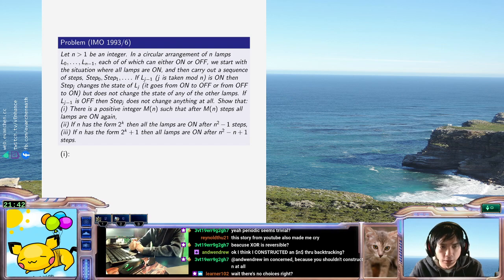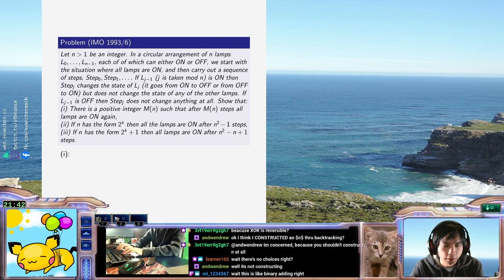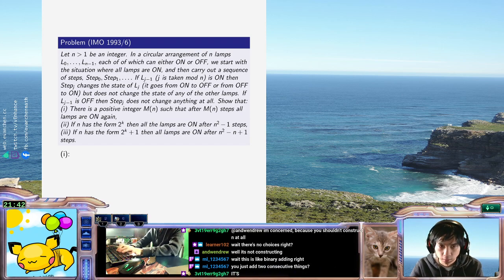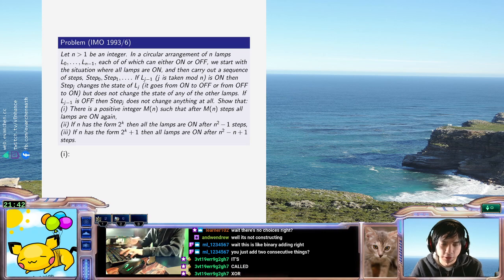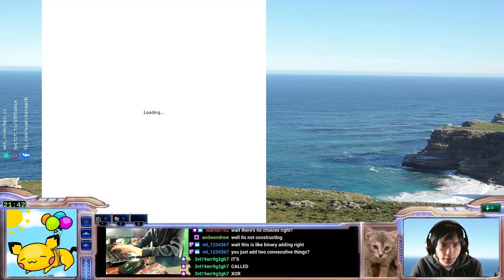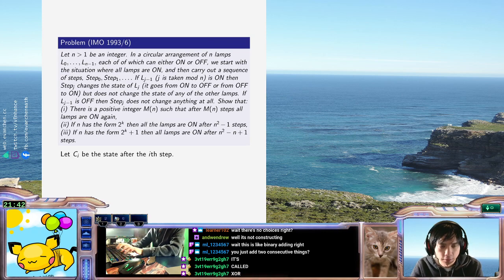So let Ci be the state after this step, however you want to denote it. And there's a map C0 to C1 to C2. So you have this process.